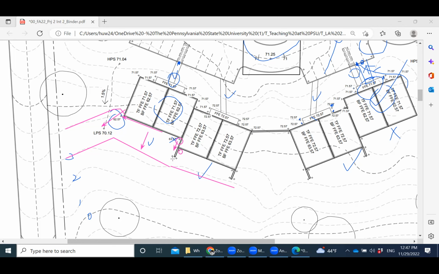So your goal is to make that point the same across both sides of the wall, which means it will have a different slope if that spot is also 63.57. Because these are the same, this slope is steeper than what you designed for the unit on the left, okay?